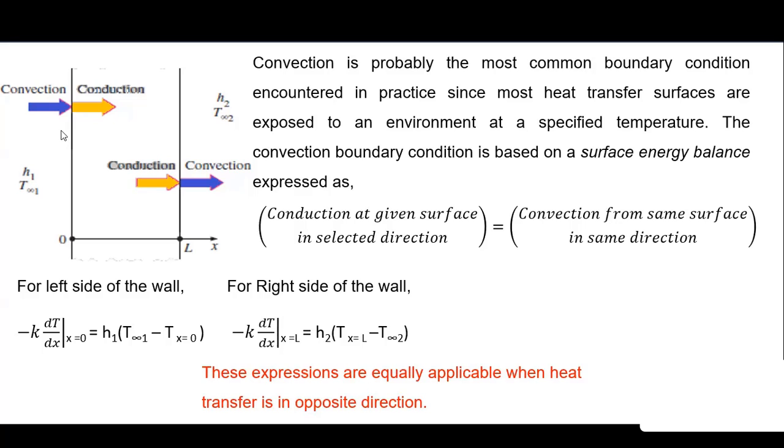If conduction and convection are both in the opposite direction, then also we can use the same equations for the right and left hand sides. The only thing to remember is whether T infinity 1 is higher or the surface temperature is higher. Whichever is higher, if the fluid temperature is higher, that has to be taken first. If the surface temperature is higher, that has to be taken second. You can take this decision depending upon which mode of heat transfer is taking place first, convection or conduction.